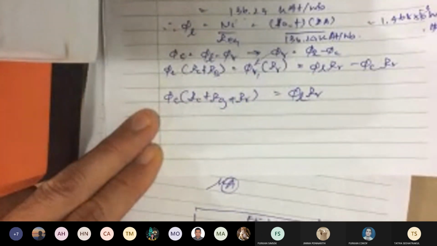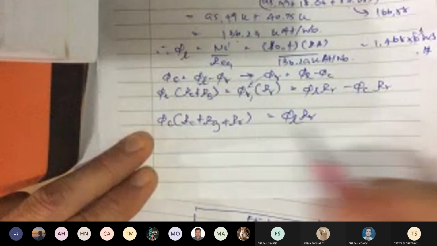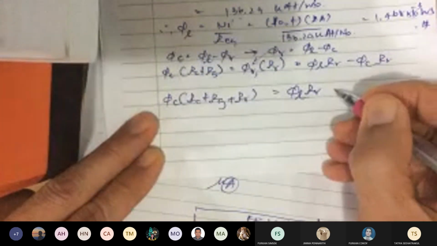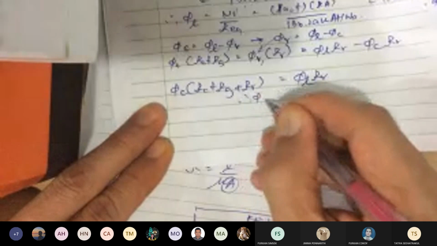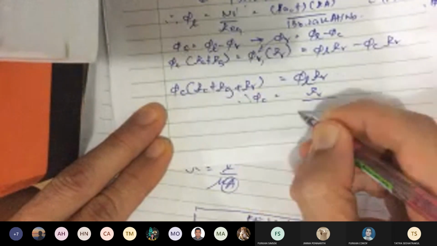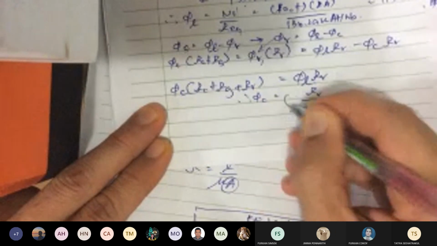You can use that if you know the voltage divider or current divider, you can just use that directly. If you understand, I'm just showing you the process here. And we know each of them, so therefore, your center leg flux is equal to R right divided by R right plus center plus the gap, times the left.